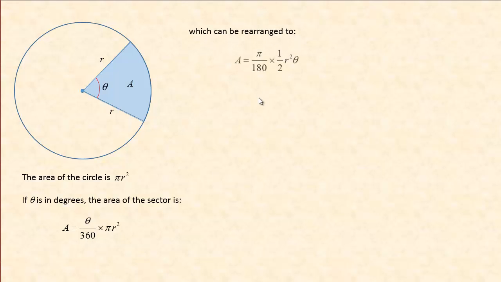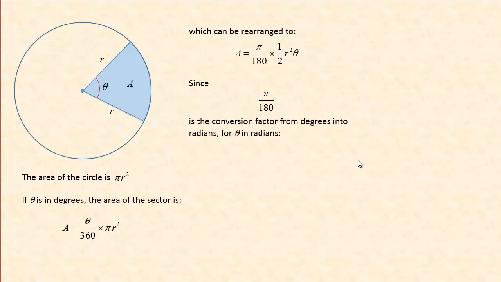We can rearrange that to this. So what I've done is I've split the 360 into 180 times 2 and just moved the pi over here. Now, since pi over 180 is the conversion factor from degrees into radians, if theta is in radians, what we do is we've just taken this factor of pi over 180 out, and we get A is a half r squared theta.